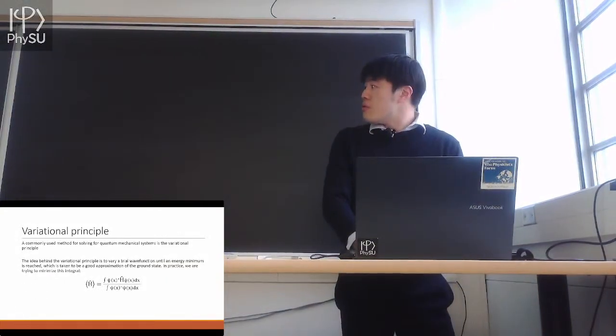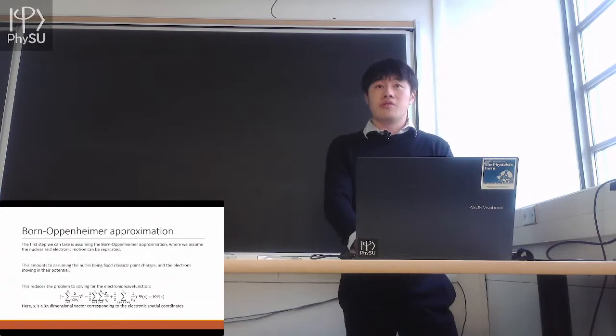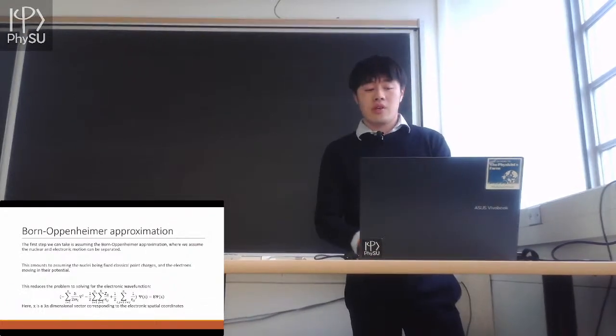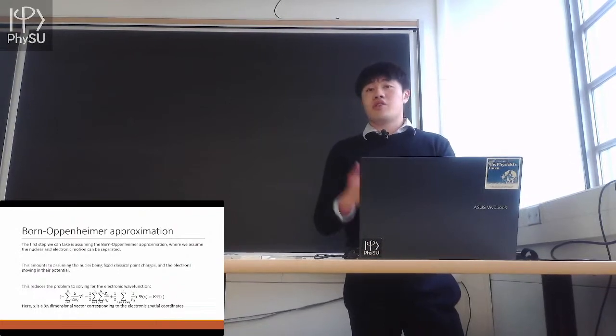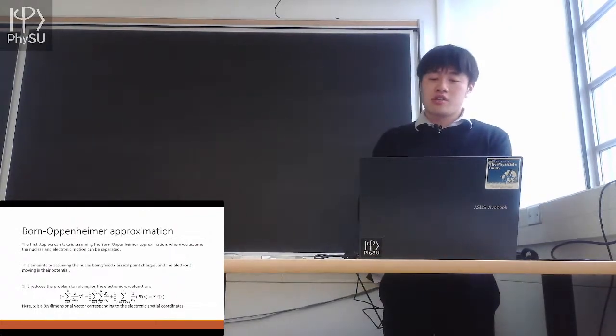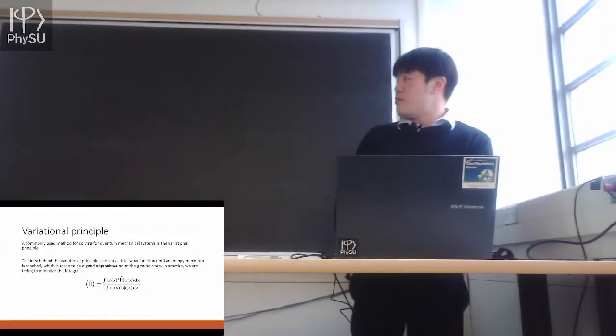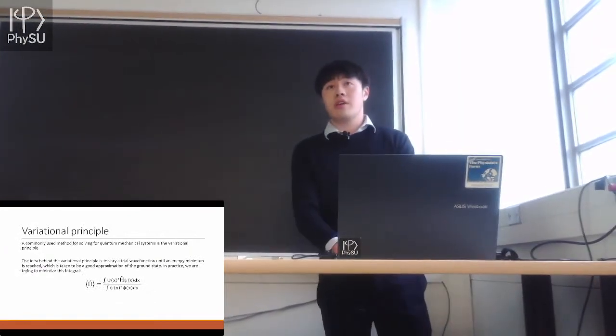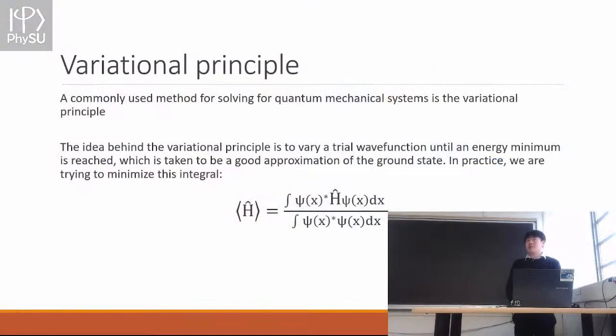Before I go into how we use DFT to solve this electronic Schrodinger equation, I'll talk a bit about the variational principle of quantum mechanics. The variational principle is a method for solving quantum systems when we have a guess for what the wave function might look like.